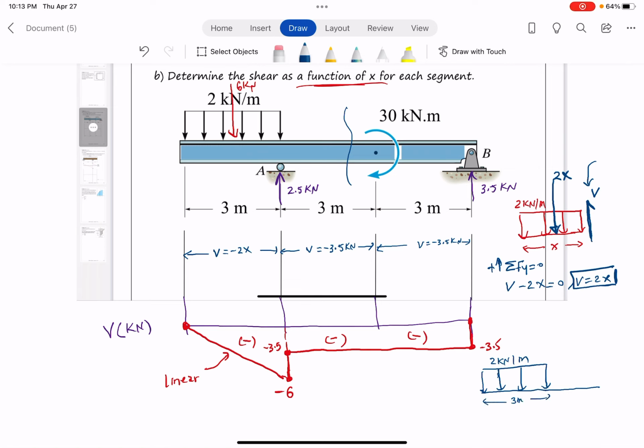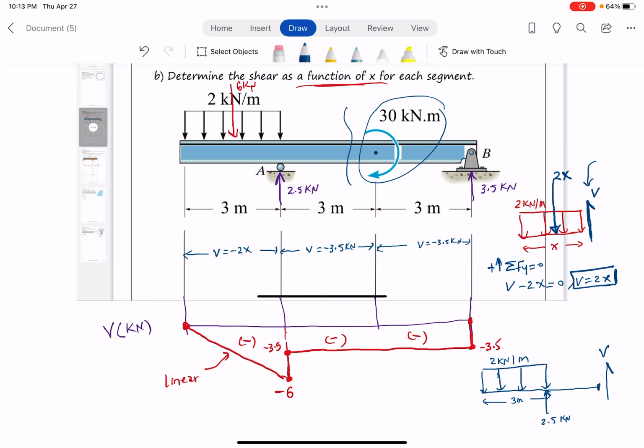And also you have the force, 2.5 kilonewton, and we did the cut here. Again, it doesn't matter before this moment or after that moment. I'm going to have the shear up, and that's it.